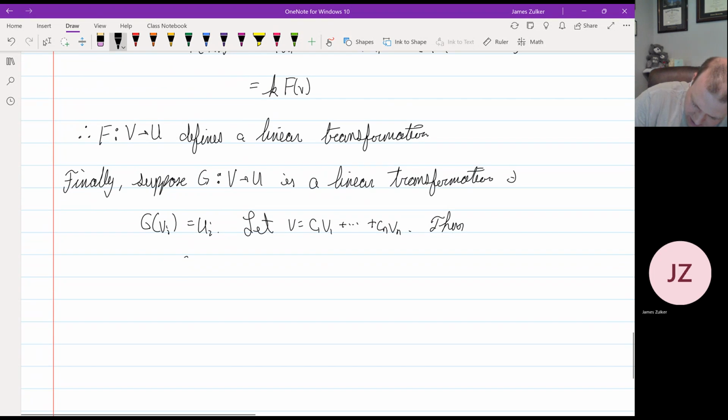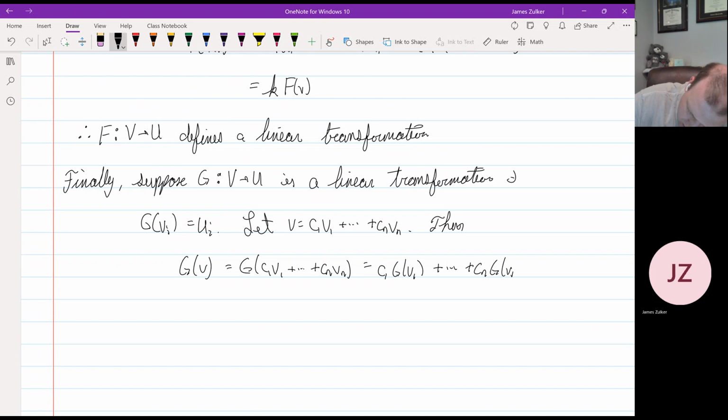Then if we take a look at G of V, since G is a linear transformation, we can write this as C1 U1 plus so on and so forth.